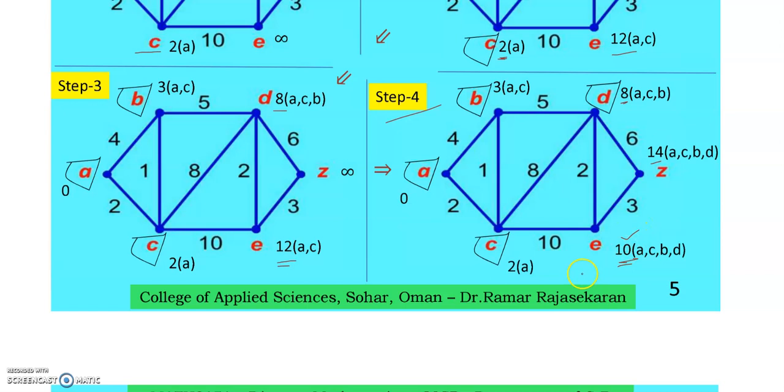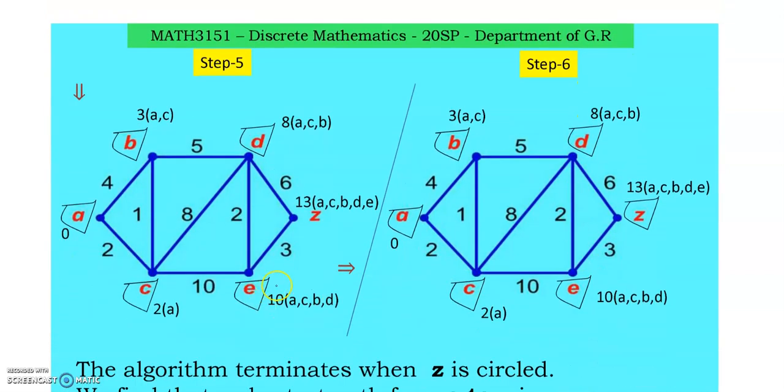So what do I have to do in the next step? Make a circle. So this is the minimum distance fixed to the vertex E, to reach the vertex E via A, C, B, D. So A, C, B, D, E. This is 10. So this is the minimum. So that's why I make a circle here.